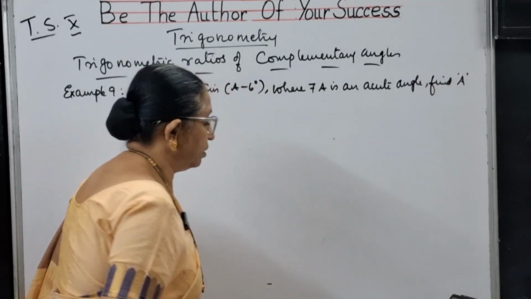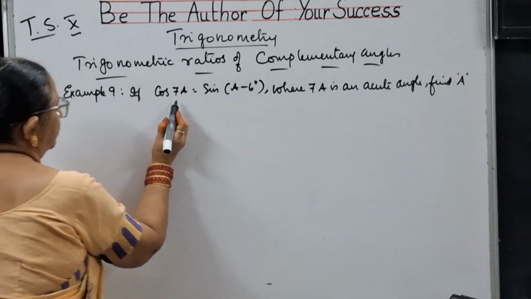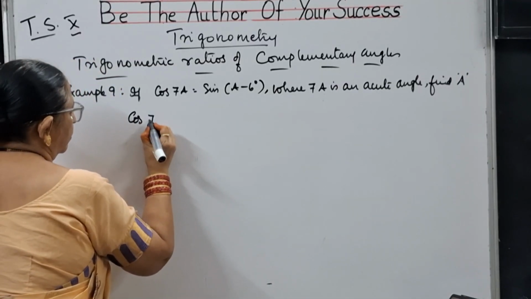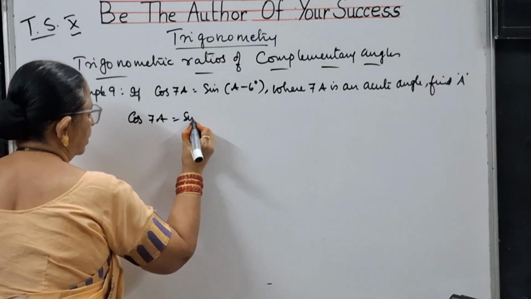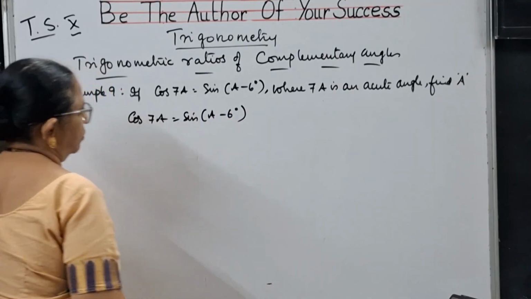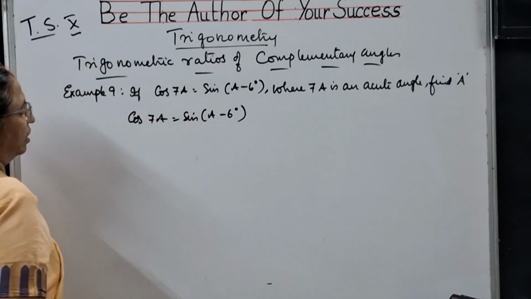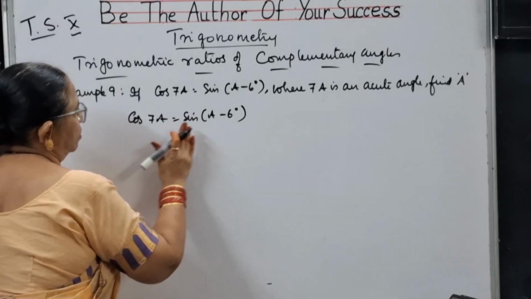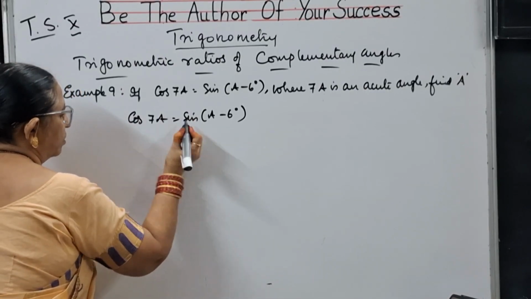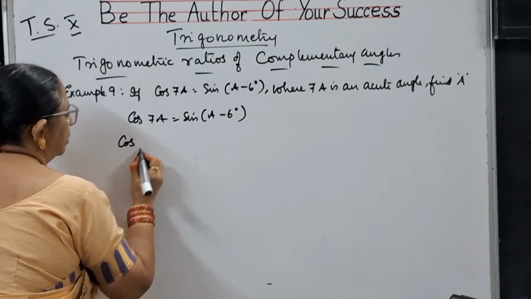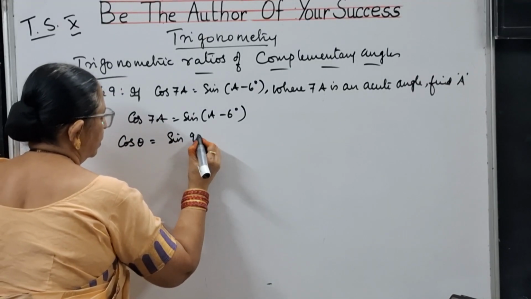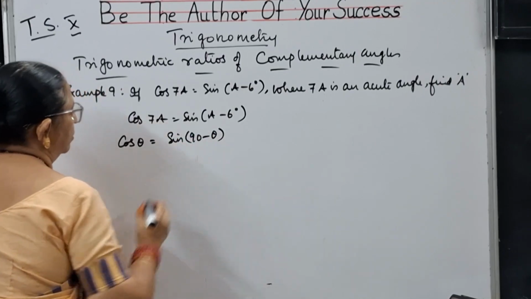Now the next example, children. Cos 7a is equal to sin of a minus 6 degrees. You need to find out what a is. So either you convert cos into sin or sin into cos first. Let us write cos into sin. We know that cos theta is equal to sin 90 minus theta.